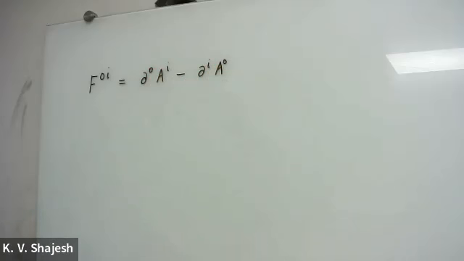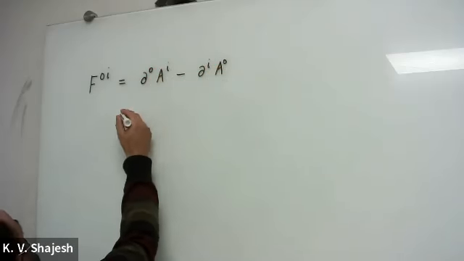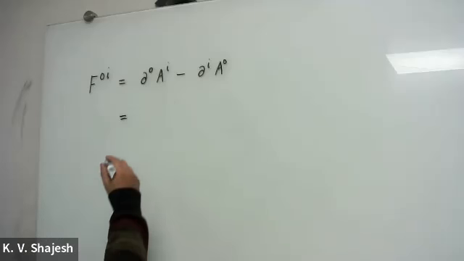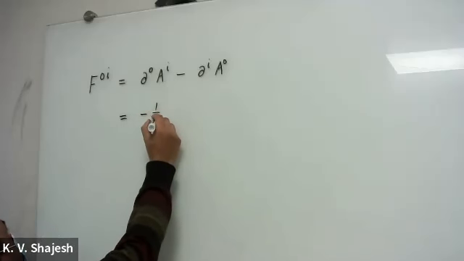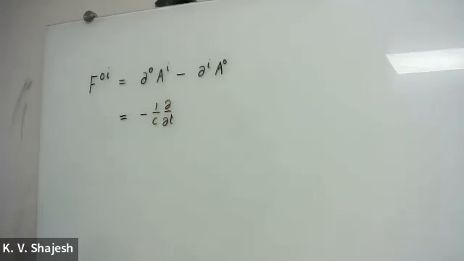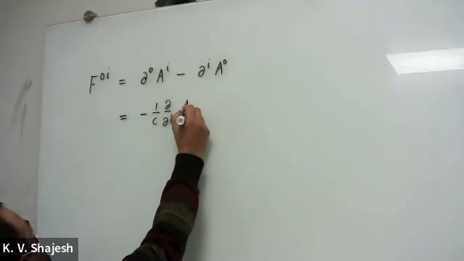That's the way I construct or define this. But what is the derivative 0? That's the 0th component of my derivative operator. It's minus 1 over c d by dt, because I'm using A^i, that's vector A.